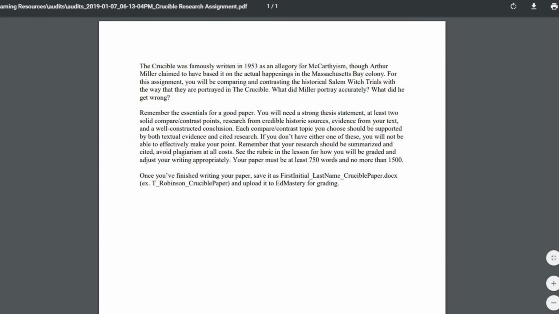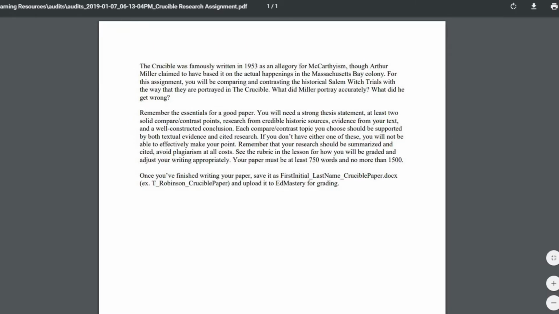Now, what he wrote about was what happened in the Salem witch trials. The Salem witch trials occurred back in 1693, and they were a real event where people were wildly accused of being witches, and most of them, if not all of them, were innocent.